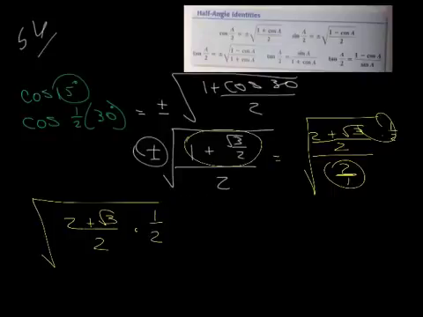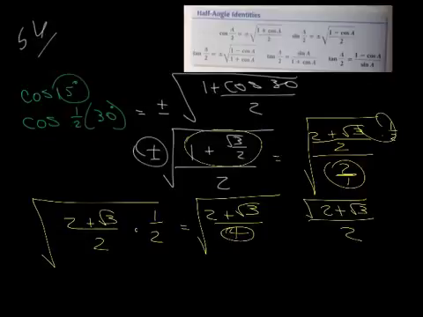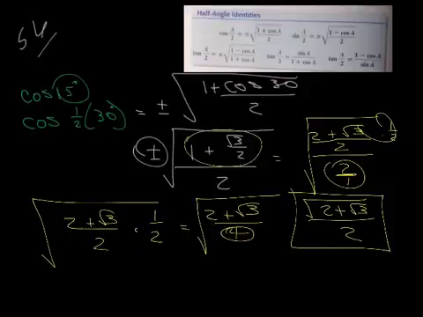And that gives me 2 plus the square root of 3 over 4, and again we're still in the radical. Square root of 4 is 2, and I am done at that point using my half-angle identities.